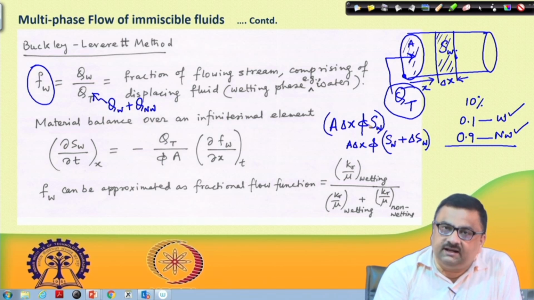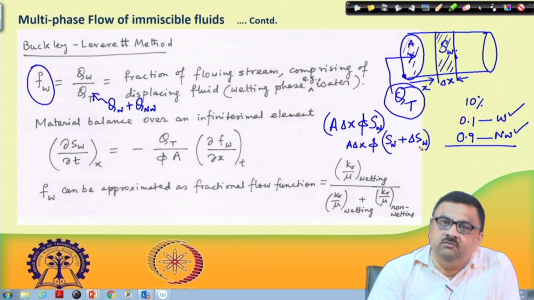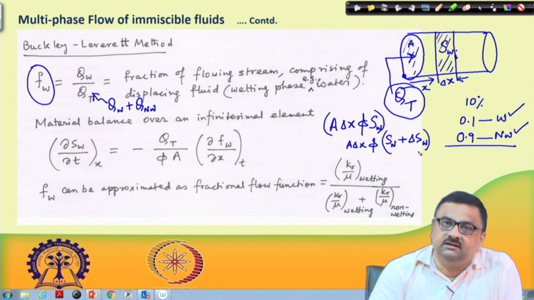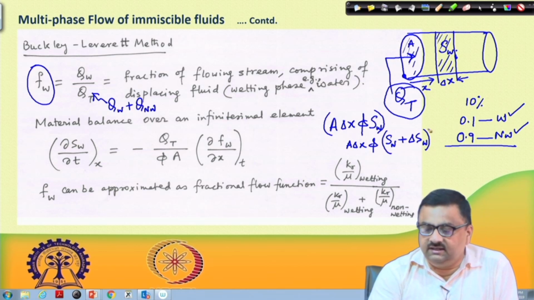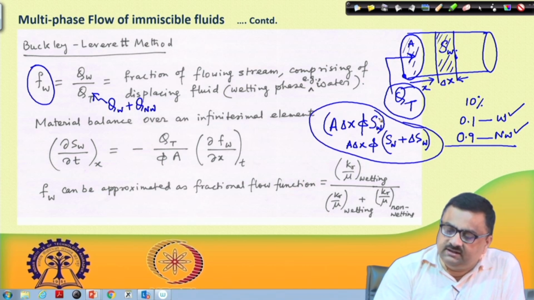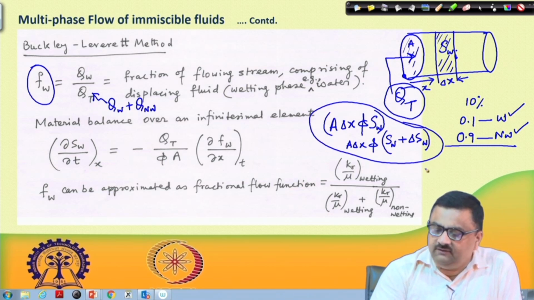So, this is at t time, saturation was SW. This is at t plus delta t time. We are assuming that over delta t time the change in saturation was by the amount delta SW. So, it was SW, now it is SW plus delta SW. So, what is the change in volume of wetting phase in this case? Change in volume of wetting phase would be A delta x, the total volume, multiplied by phi.